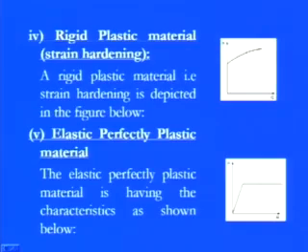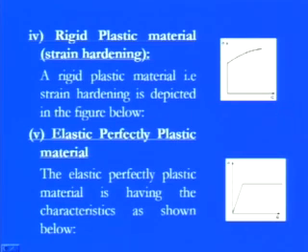Then we have a pretty common one, the elastic perfectly plastic material, where the material also has elastic properties, but as we keep on increasing the load, it shows perfectly plastic behavior. The elastic perfectly plastic material has this kind of characteristic in the stress strain curve: up to the elastic limit it exhibits a proportional relation between stress and strain.